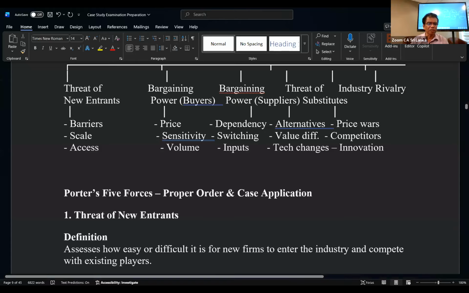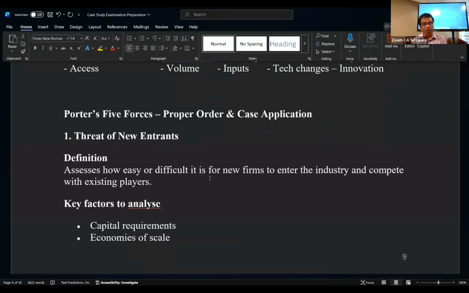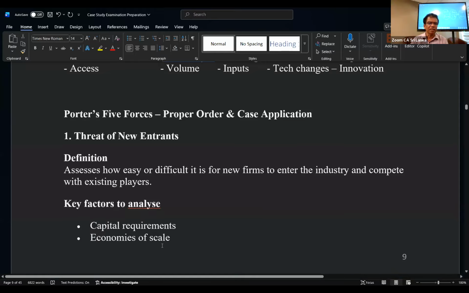First, whether other competitors also bring electric vehicles immediately or not, depending on that. Because once you move, others can also move or not. If it is difficult for them, your bargaining power will increase. Assess how easy or difficult it is for new firms to enter the industry and compete with existing players.